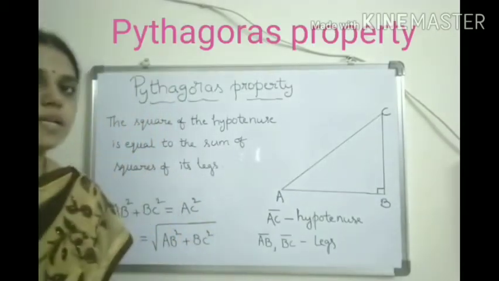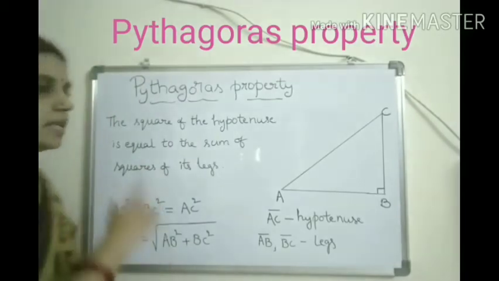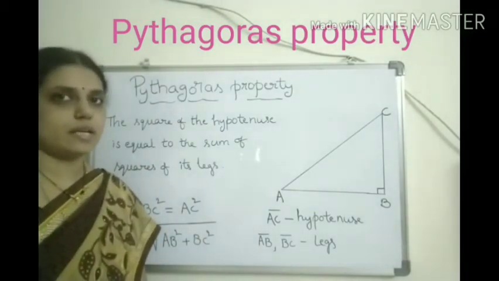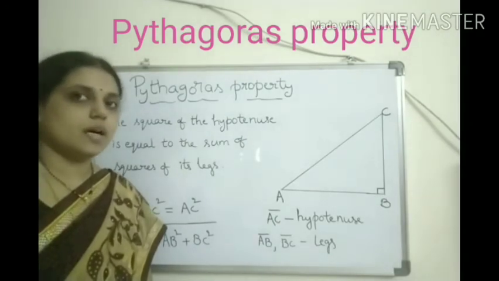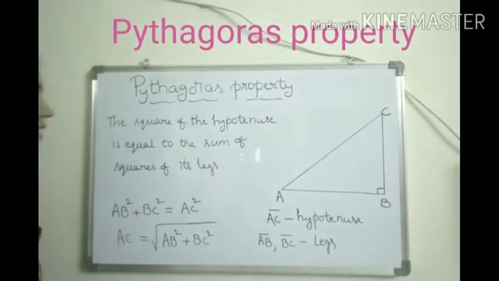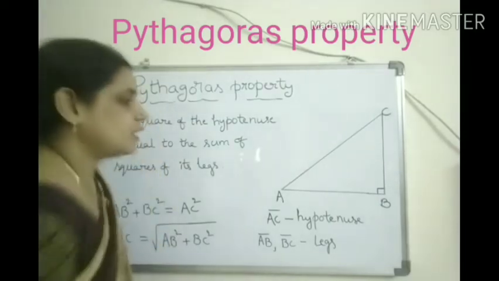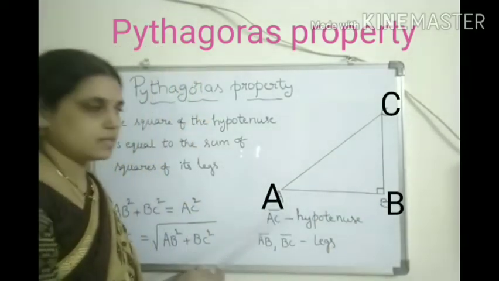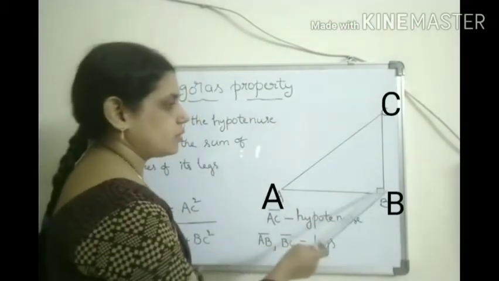Now let us learn the Pythagoras property. Here the Pythagoras property is applicable only for right angle triangles. This is a special property that is applicable for only right angle triangles. So what is that, we will see. Here in the right triangle, AB and BC are the 2 legs in this figure, and AC is the hypotenuse, the side opposite to the right angle.